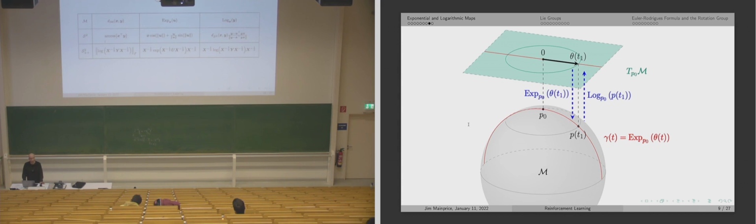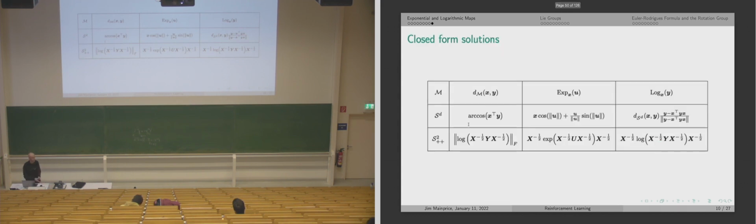So there are closed form solutions for the two examples that I mentioned in robotics. For the hypersphere, the exponential map is expressed like that. It's the sum of the cosine and the sine of the x vector here and the u vector. That's the structure of the logarithmic map for the hypersphere.